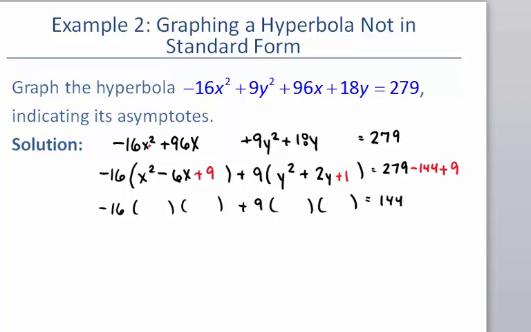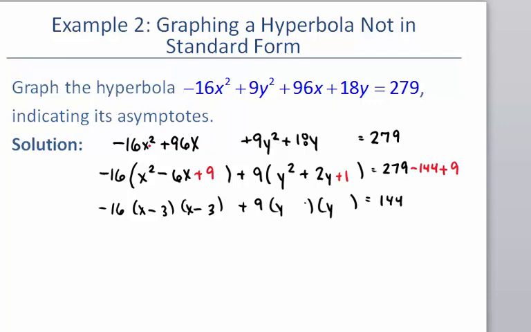Okay, so let's factor. First times first is going to have to be x times x. To make a 9, it's going to have to be 3 and 3. Now remember, these parentheses that you come up with have to be identical. And so they both need to have a subtraction so that you can make a negative 6x in the middle. For the y's, we're going to start with a y and a y to make a y squared.